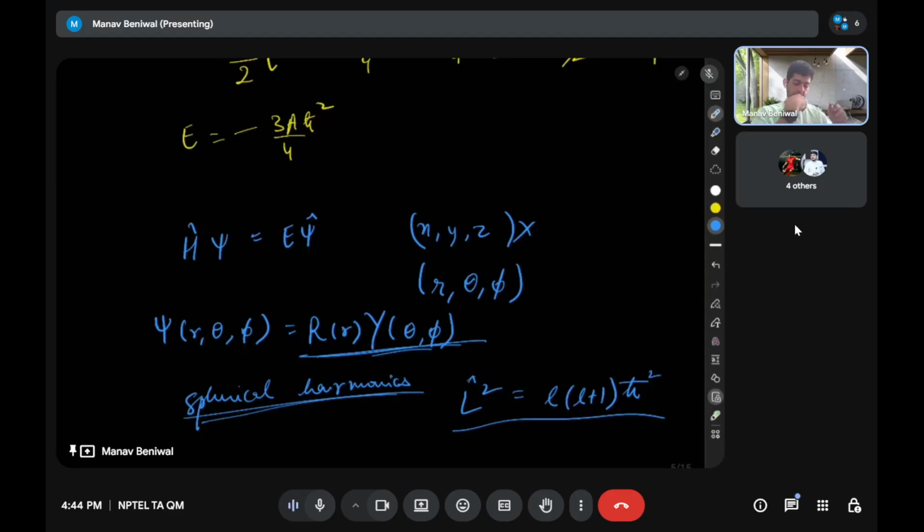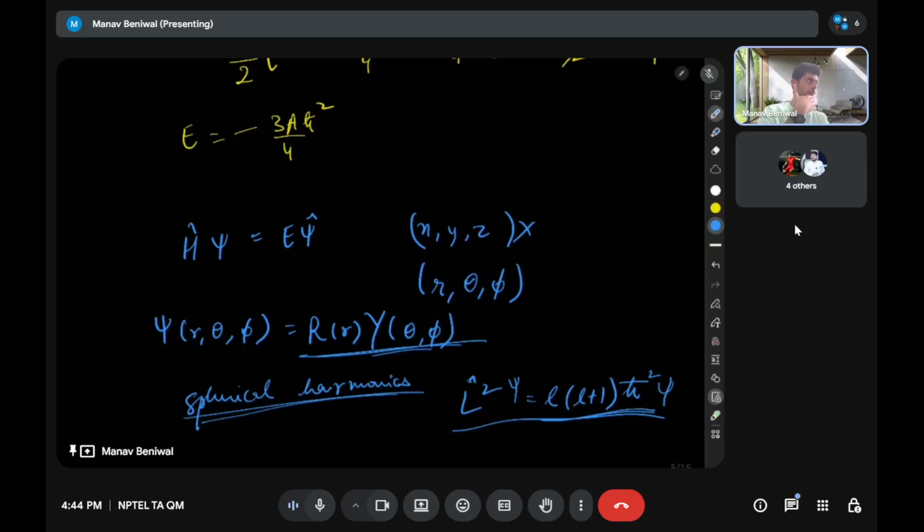For this problem you can just take for granted that whenever we have any angular momentum, spin or orbital, if L squared operates on some psi, we get the eigenvalues L times L plus 1 h cut squared. And this L is quantized.